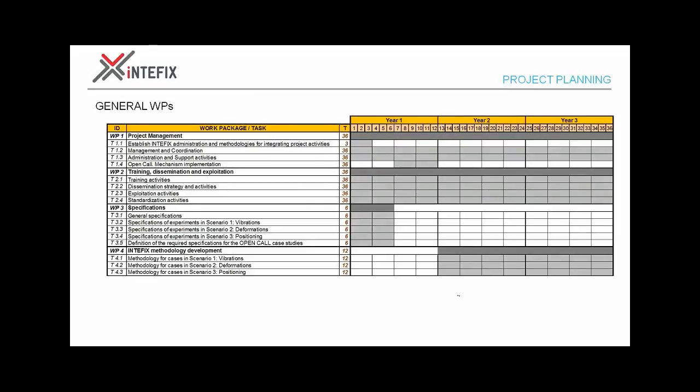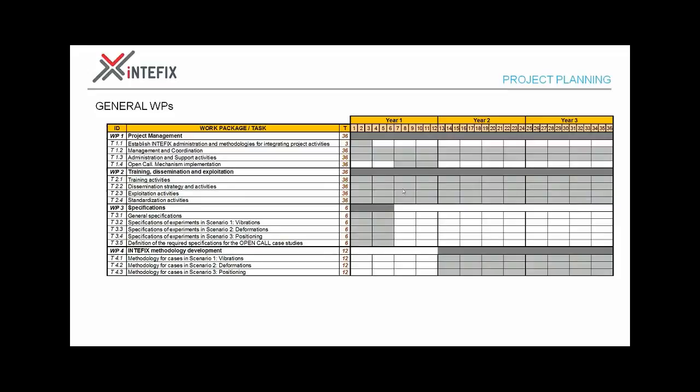And in the last 6 months of the project, there are some contributions of the different case studies or experiments, and in this case it's related to the development of the methodology. That is the main objective of the project that I commented before, and also obviously the different partners of the project will try to disseminate or exploit the results. So this is a common contribution to any European project.